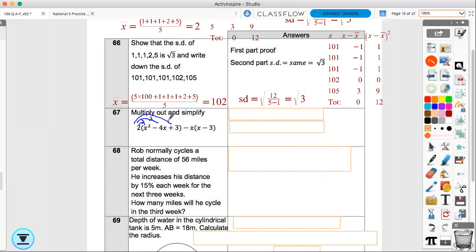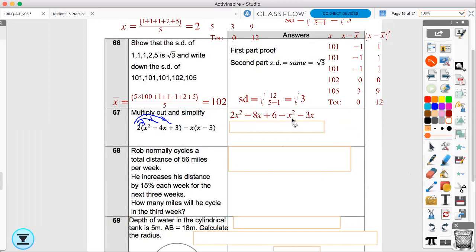So that's the second bit that people might get wrong. Now, negative x times x is negative x squared, whereas a negative x times a negative 3 becomes positive 3x. So these kind of things would give you 2 marks, 1 mark for the first part done correctly, and a second mark for the second one here.